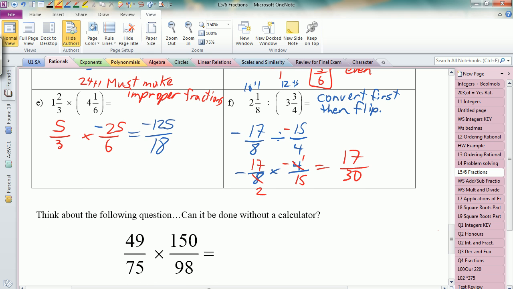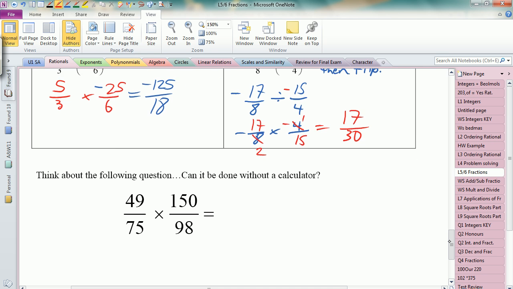Okay, this one, reduce mania. Go for it. Reduce, reduce, reduce. Let's do it without a calculator. Go.